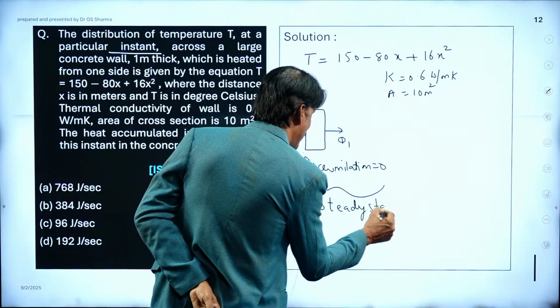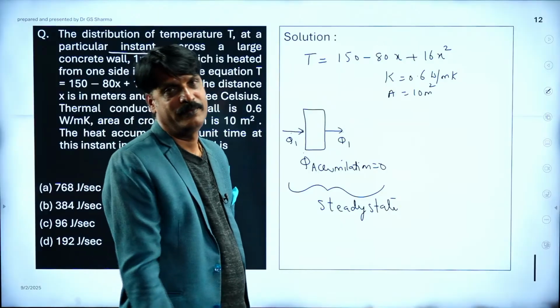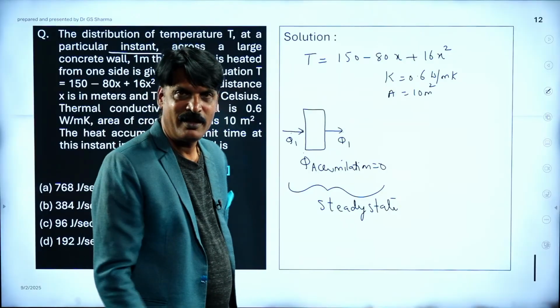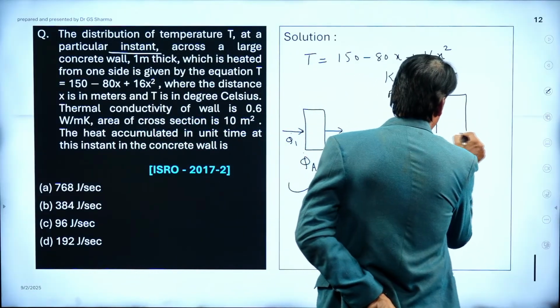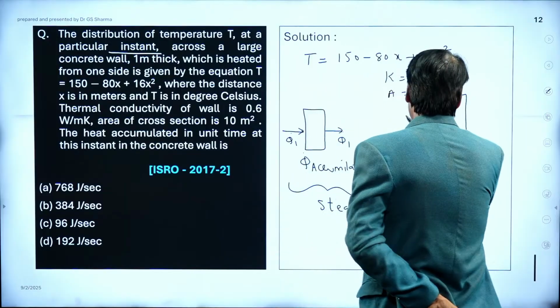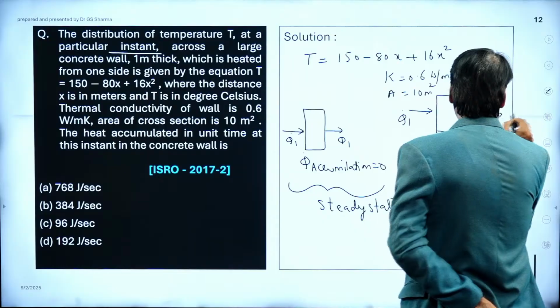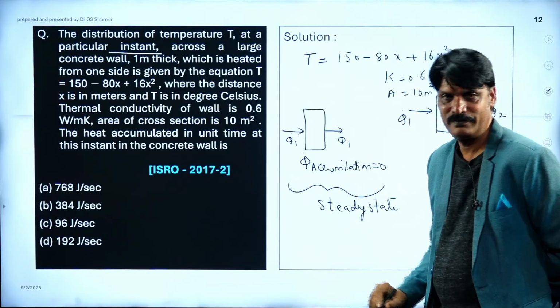That's why there is no rate of rise in internal energy, and the right hand term is equated to 0. But if you come back and look at transient nature, some amount of heat is coming in, Q dot 1, and some amount is leaving, Q dot 2. He is asking you what is Q dot 1 minus Q dot 2.